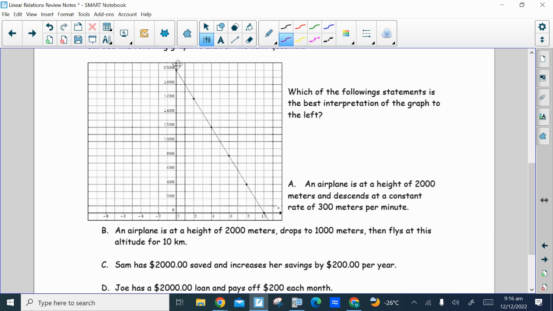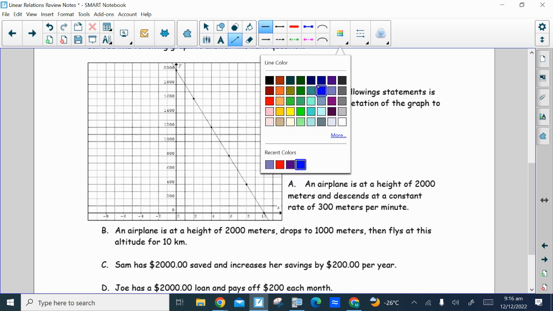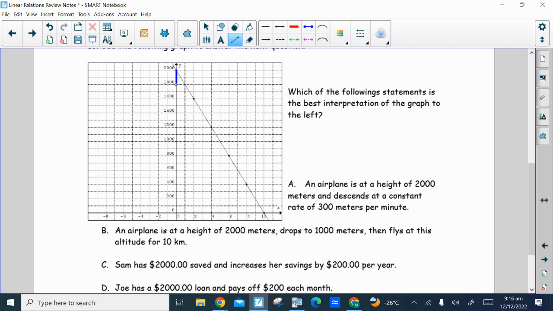But the second part that we're given is that the rate of change is 300 meters per minute. So let's find the rate of change. Let's find the slope of this line by finding the rise and the run between any 2 points. It doesn't matter which 2 points you use. So I'm going to use those 2 points.